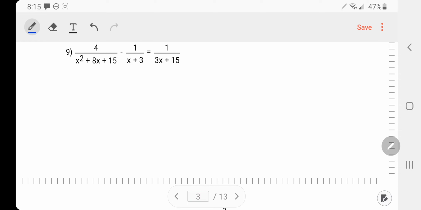I can see that we're going to have to do a little factoring first. So we're going to have 4 over, and if I factor this trinomial, we're going to read the signs. The signs are both going to be plus.